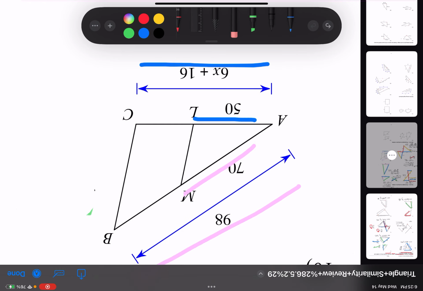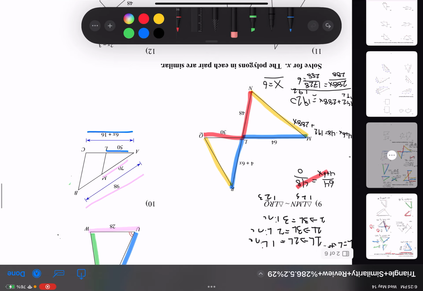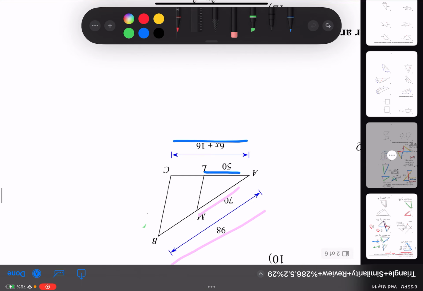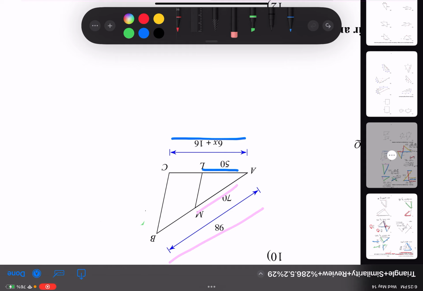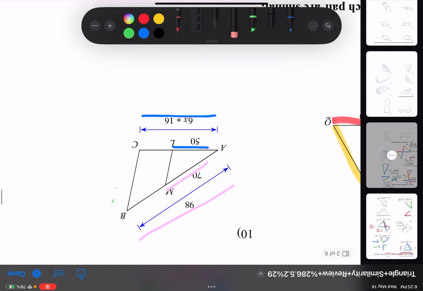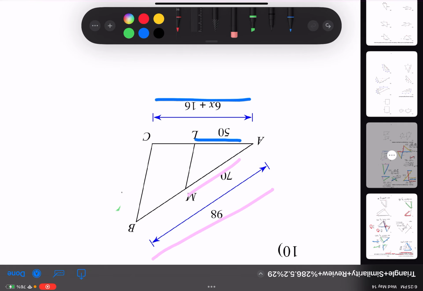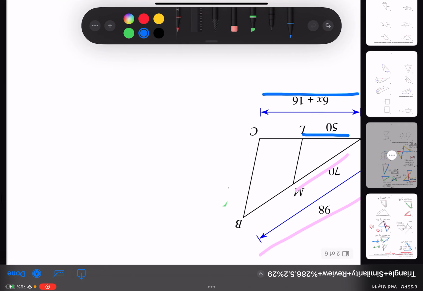Let me go back and look at all these. That just pisses me off. Are we doing the actual bigger side over the smaller side? Is that what this is?